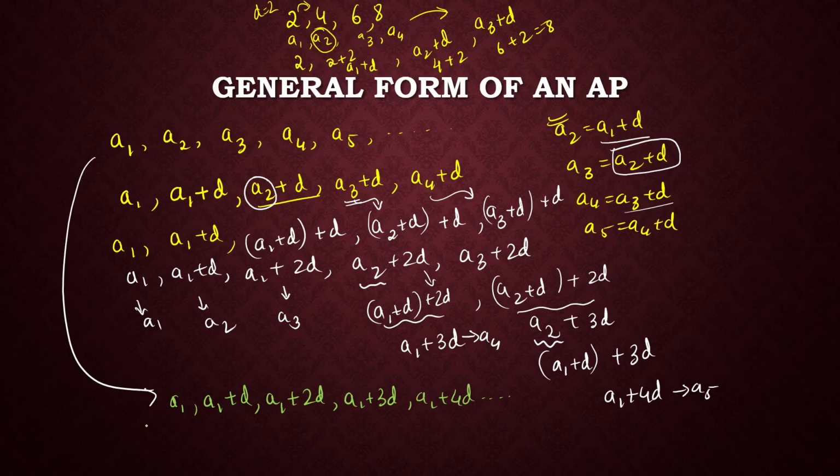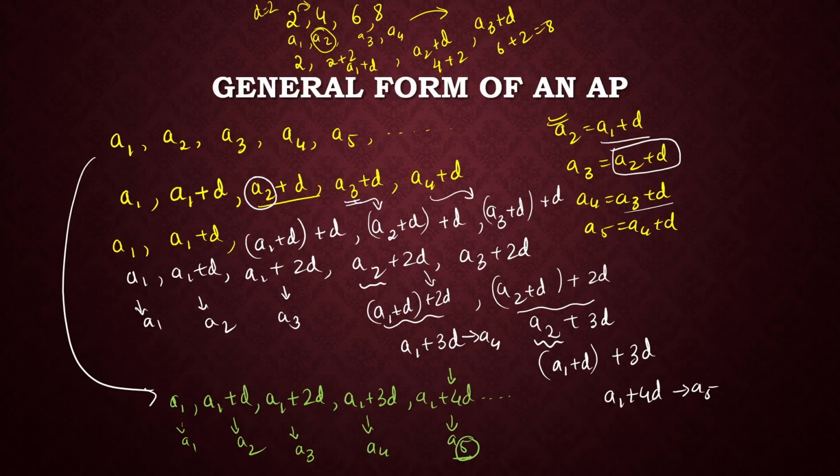Right? So this is your first term, this is your second term, this is your third term, this is your fourth term, and this is your fifth term, and it goes on. Okay, so if you observe one thing, whatever is your term, one less than that you will be writing in front of your common difference, and you will be adding it, right?